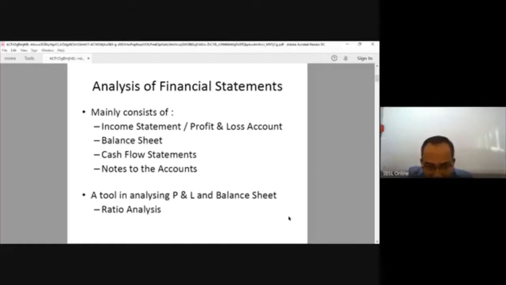Cash flow statement. That's why for the banker, the cash flow statement is very important, because it will say what liquid cash the business had at the beginning of the year, how much is paid by way of operations, investing, and the other area.